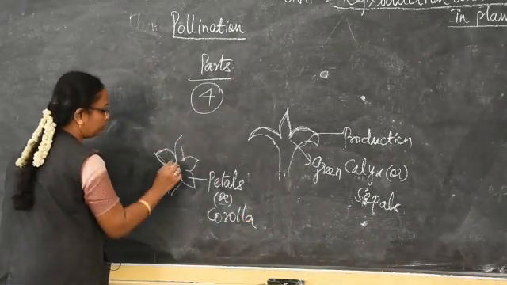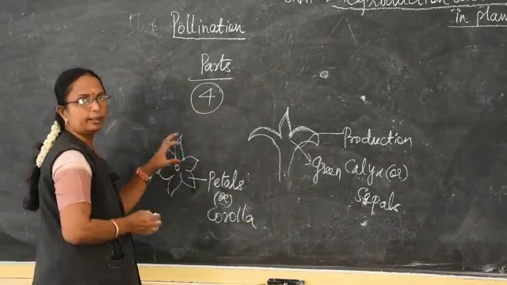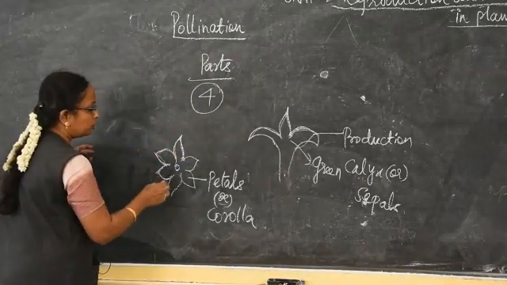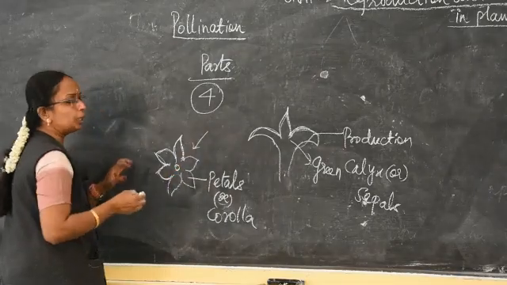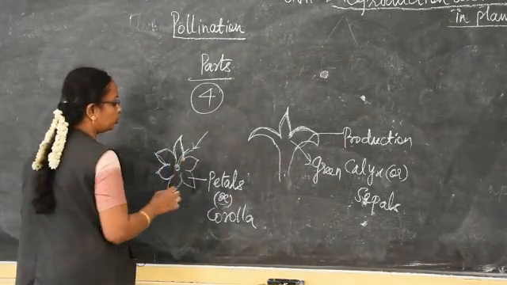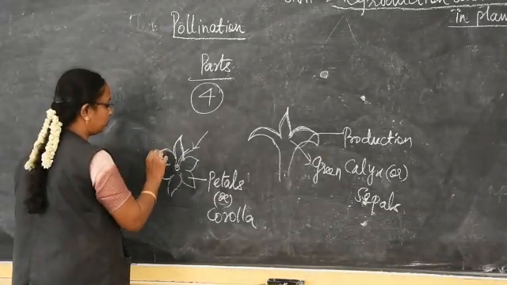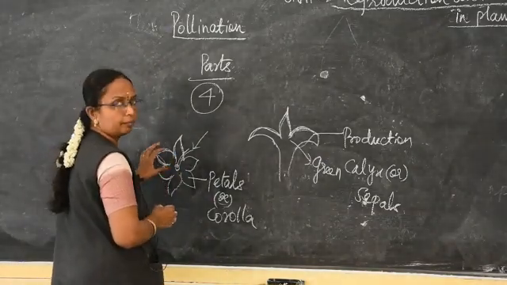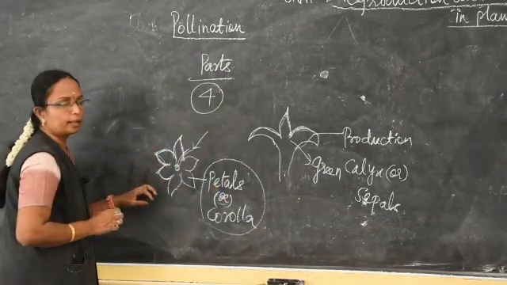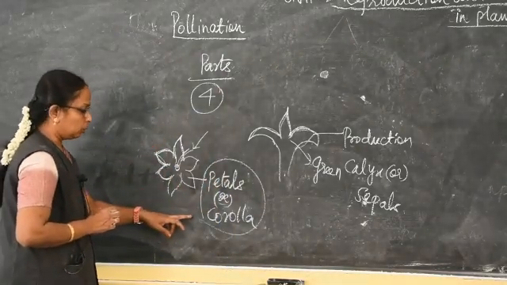These are colored parts which attract the insects for pollination. As they have honey in them, they attract insects with their colors and scent. So, this is the second whorl of the flower, known as petals or corolla.